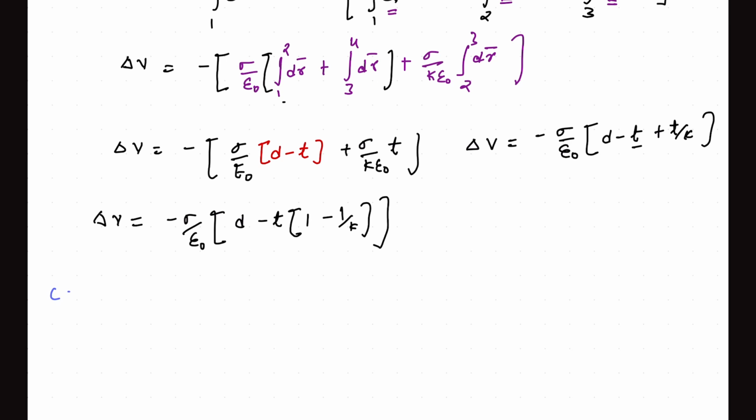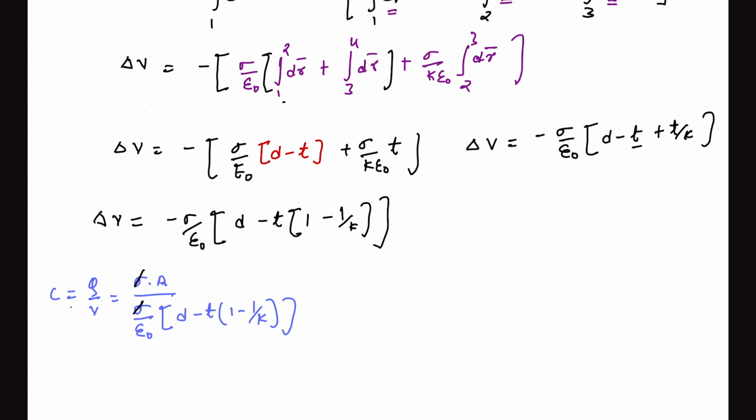So C is equal to Q divided by V. Q is the charge, which can be written as sigma multiplied by A, divided by V, the potential difference. Let's put the positive value: sigma divided by epsilon naught times (d minus t(1 minus 1/K)). Now look, sigma and sigma will cancel out.